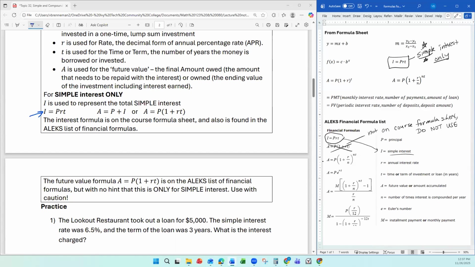So this is the only one that I'm saying that about that you could theoretically use. Everything else on here that's not on the formula sheet, I'm very much going to say do not use. But simple interest, I equals PRT. To get the future value, you add the interest onto the principal.